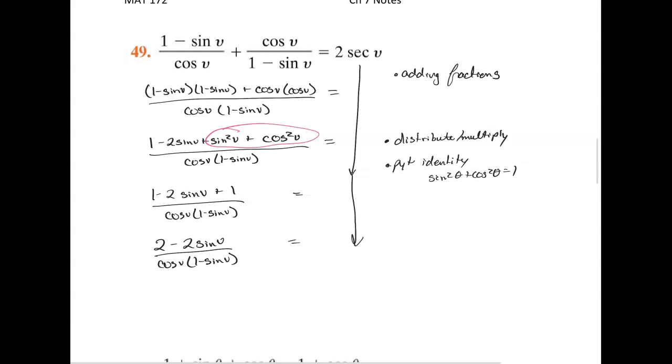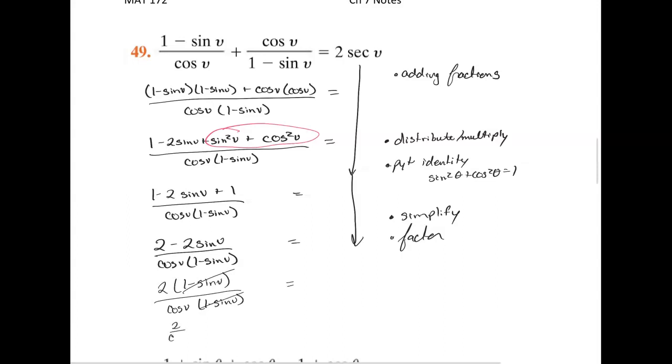I'm going to keep my arrow. So simplify. And then notice we could factor a 2 out of the top. That's going to leave us with 1 minus sine of v. And check this out. We have a 1 minus sine v in the top and a 1 minus sine of v in the bottom. So they're going to cancel.